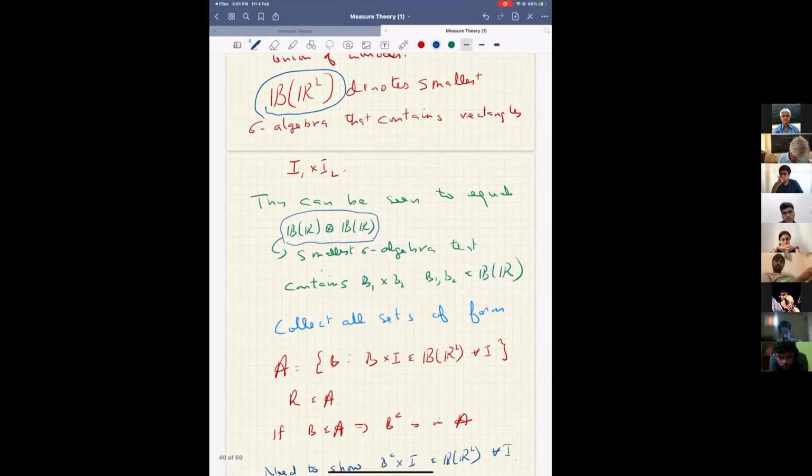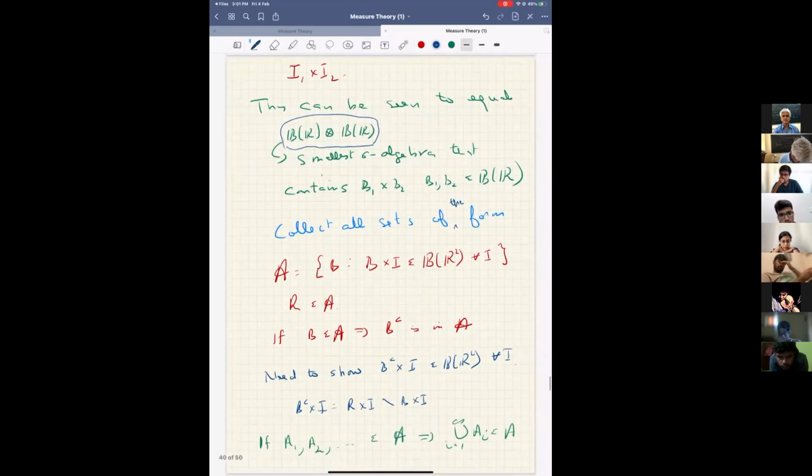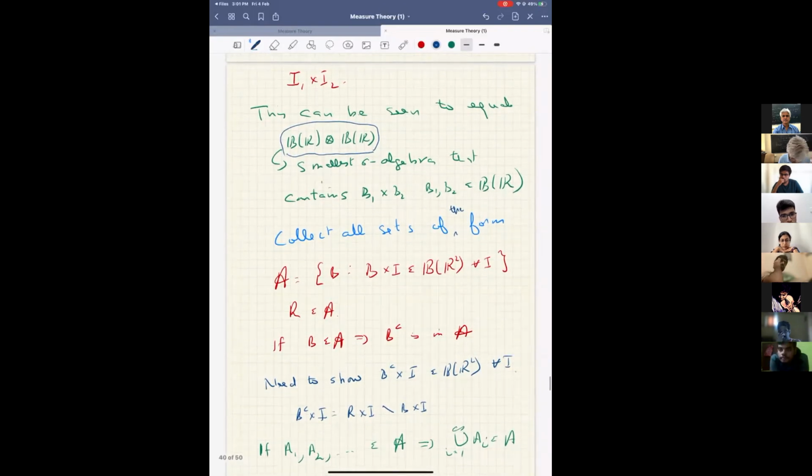Okay, so we'll collect all sets of the form. This is my new argument from the morning, and I think it's correct. It's motivated by the earlier argument. So I'll call this calligraphic set A all sets B such that B cross I is in B(R) square for all I in the intervals, that's what I mean by this notation.